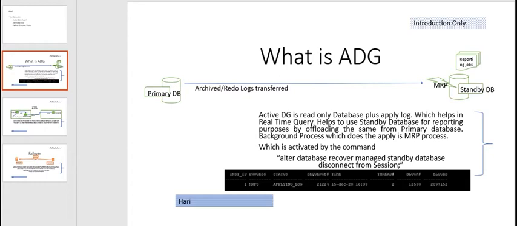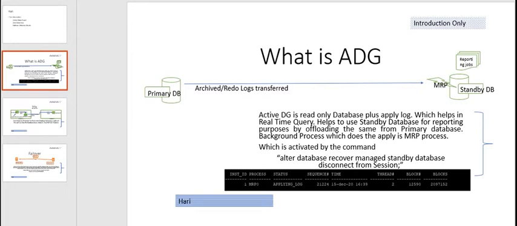The sequence number is given and the time of the sequence. By looking at this, we can say that our database is in sync up till this time, and this sequence is of thread 2, with the block number and the number of blocks applied or applying.